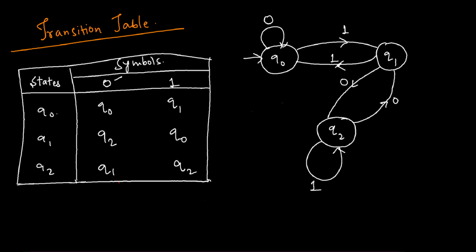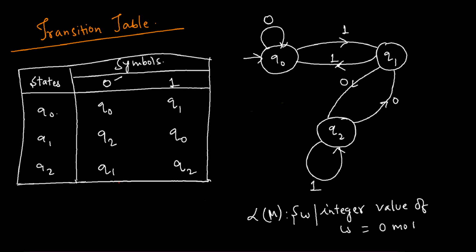If you have seen the last video, what is this DFA? L of M is omega such that the integer value of omega is equal to 0 mod 3.